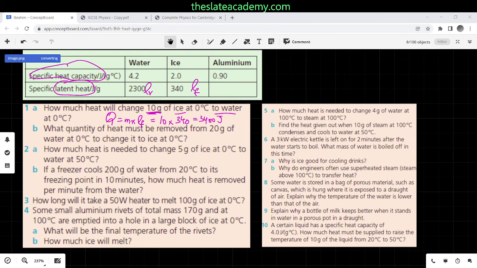State from solid to liquid. So if we are not changing the temperature, we won't use the formula of specific heat capacity. That is the one that we use when we are increasing or decreasing the temperature of a substance in the same state. If the state of matter is changing, from solid to liquid to gas or gas to liquid or liquid to solid, then we will use the specific latent heat.